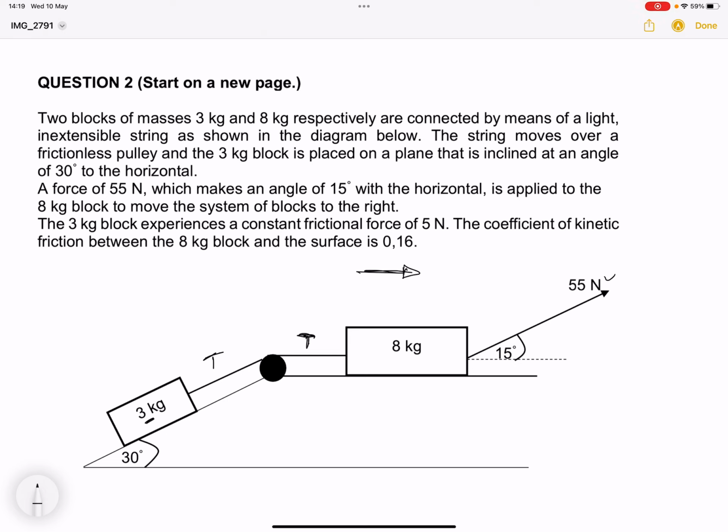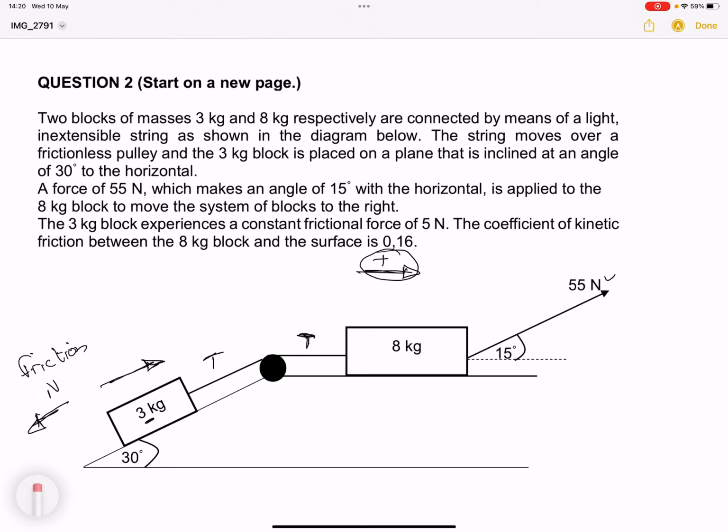Please remember, ladies and gents, always choose the direction of motion as your positive direction. Okay, right, so they say the 3 kg block experiences frictional force of 5 newtons. So we know this guy, as this is heading up, will experience friction, so we know that friction here should be 5 newtons.